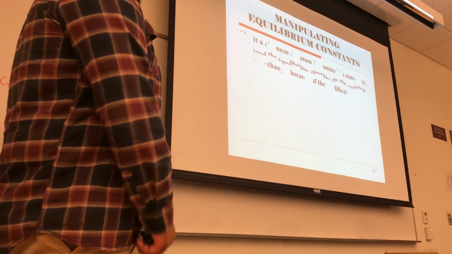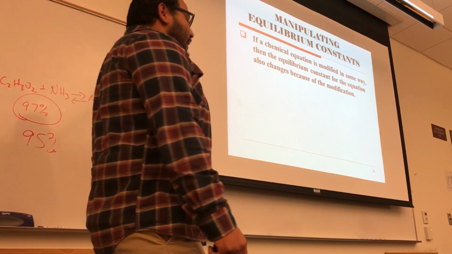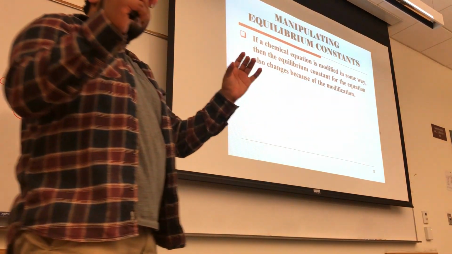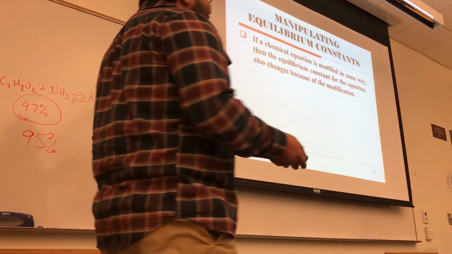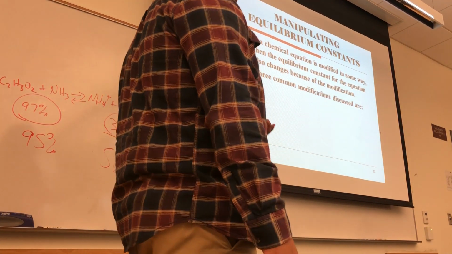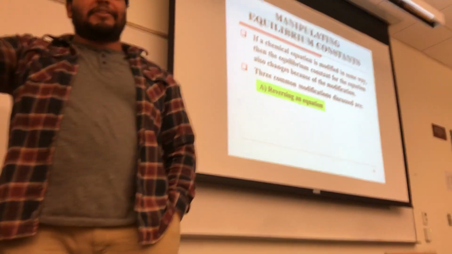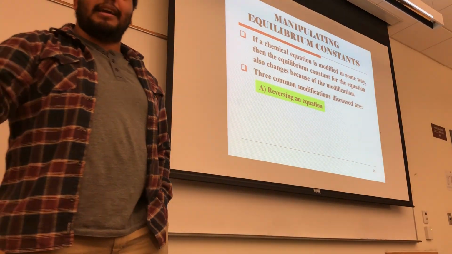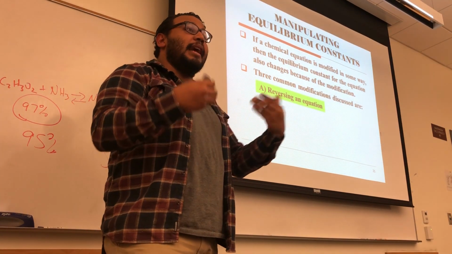If we modify a balanced chemical equation with an attached K, how do I change the K value? Let's say I have a reaction that already has an established K, and I reverse that reaction. What happens to the K value?